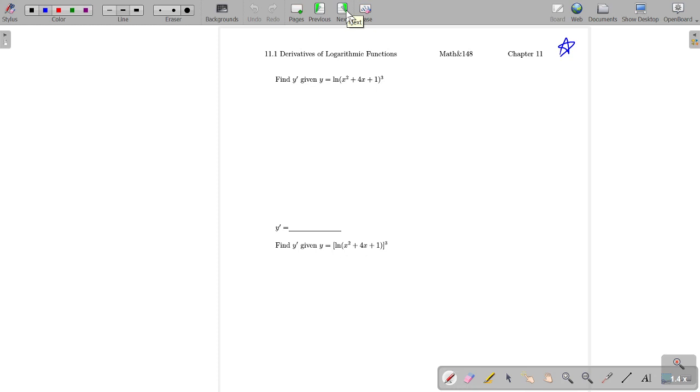Okay, try this one. Okay, hopefully you've paused it and tried it. So y equals 3 natural log of x squared plus 4x plus 1. So y prime equals 3, 1 over x squared plus 4x plus 1.